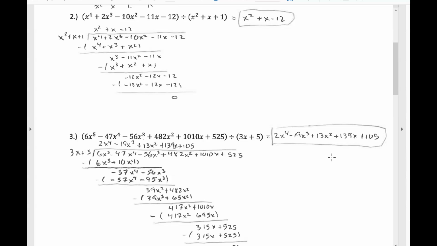Number 3, we get 2x to the 4th minus 19x cubed plus 13x squared plus 139x plus 105. Again, with a remainder 0, so that's it. We don't have to write anything after our quotient.